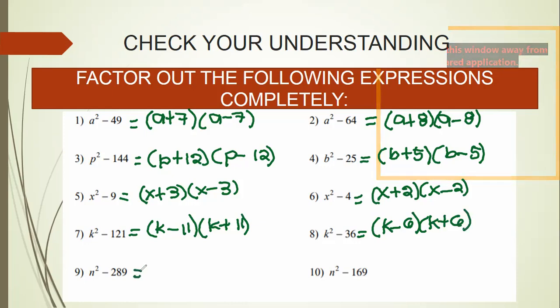For number nine, n squared minus 289. So this is n minus 17 multiplied by n plus 17.